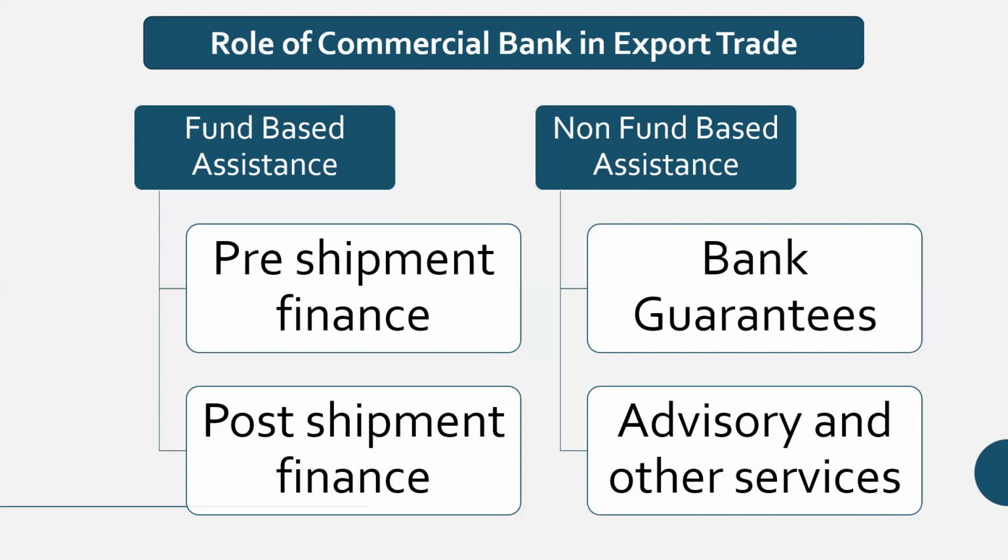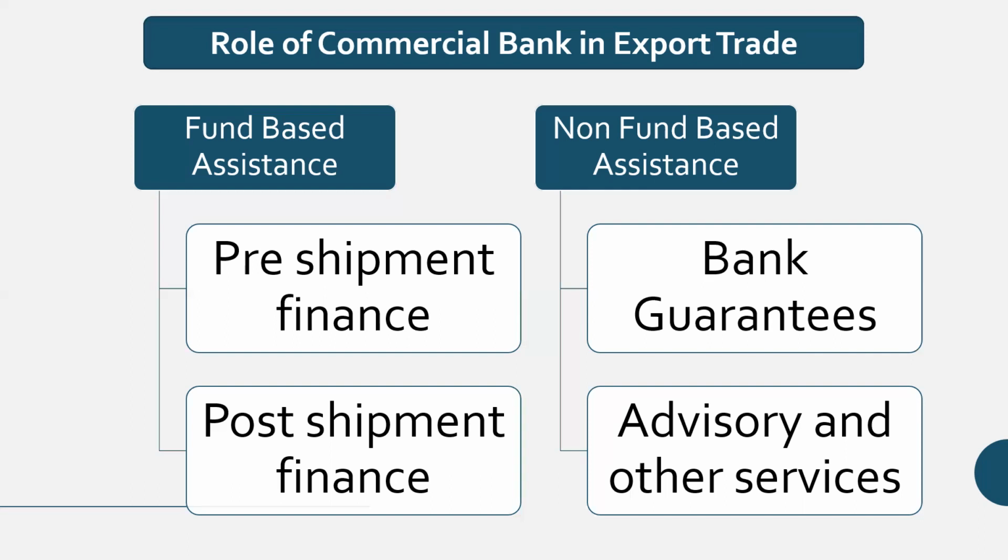The bank can also issue an advance payment guarantee to the overseas buyer, who normally makes certain advance payments to the Indian exporter against a bank guarantee. Banks can issue bid bonds to enable the exporter to participate in various global tenders. These are the ways the bank can issue guarantees to encourage and support exporters in the international market.